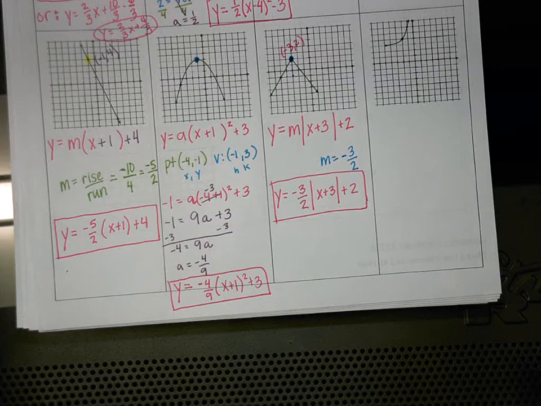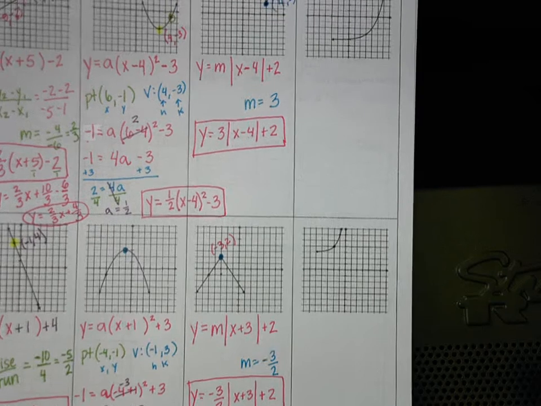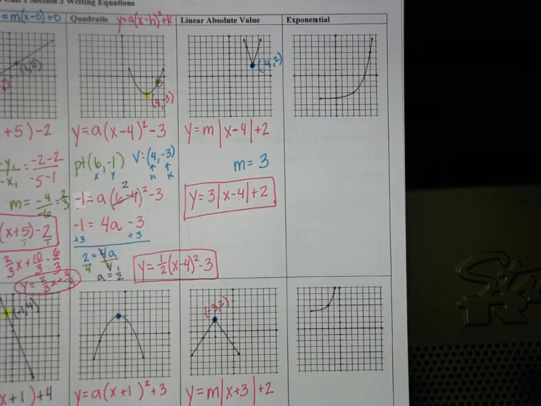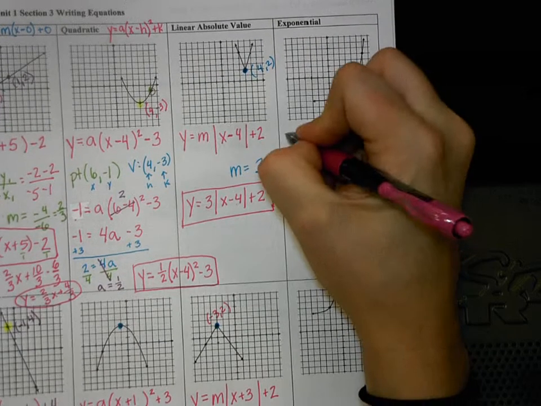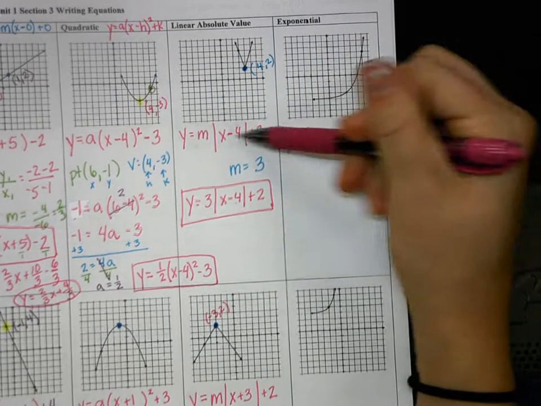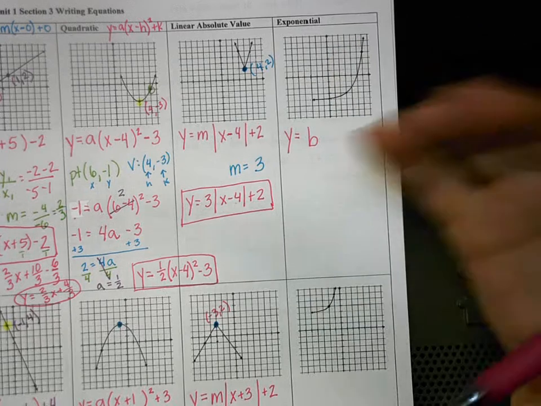Okay, next we have exponential. Remember, my translations are still right next to my x value, and then whatever's happening to my function for the very last piece in my order of operations.